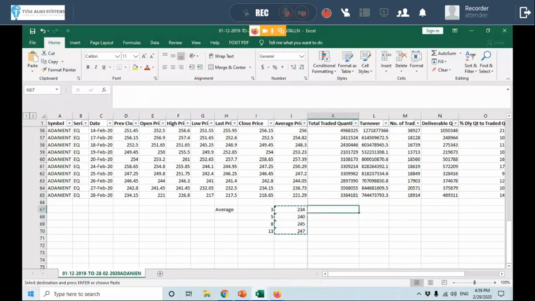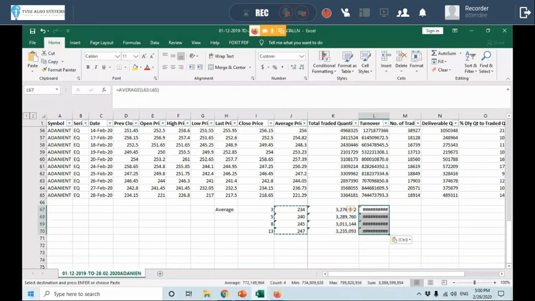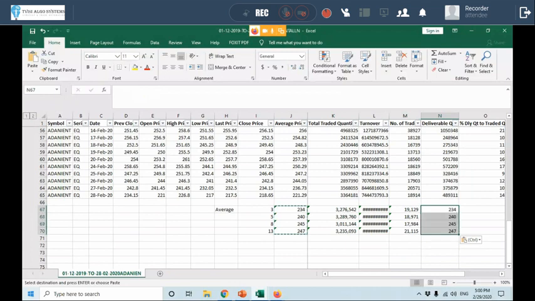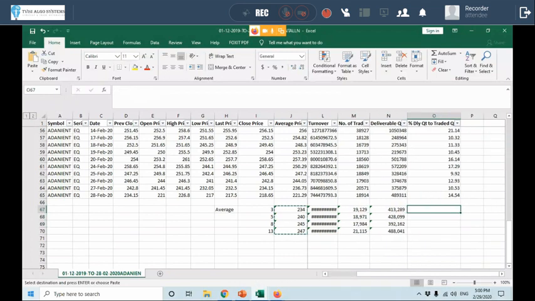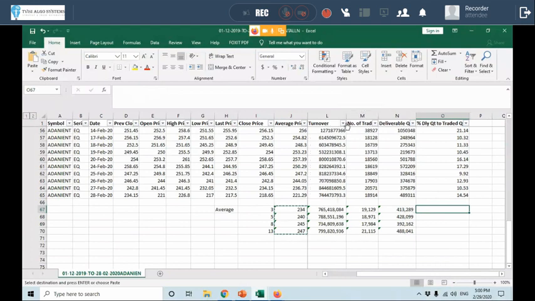This is my average traded quantity, average turnover, average number of trades, average deliverable quantity, and this is the percentage delivery quantity.